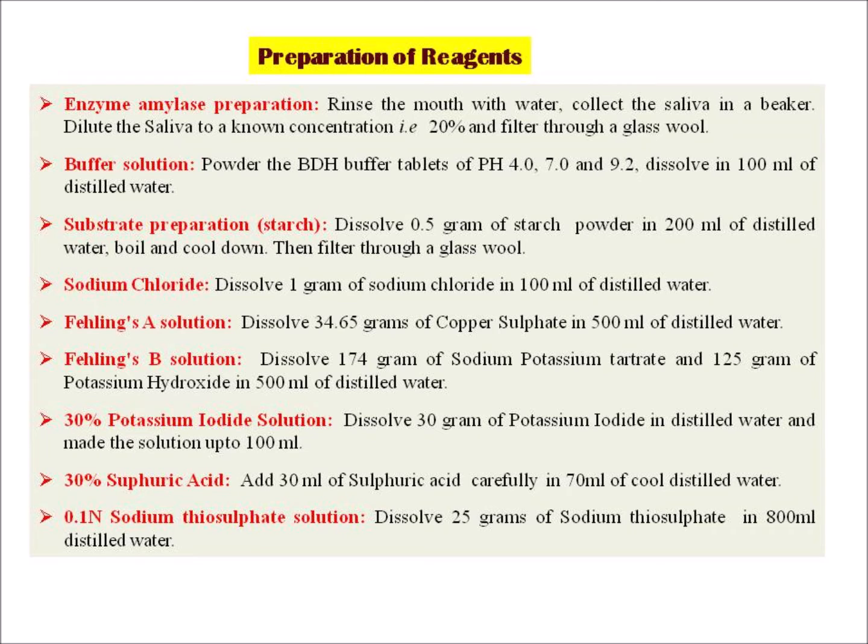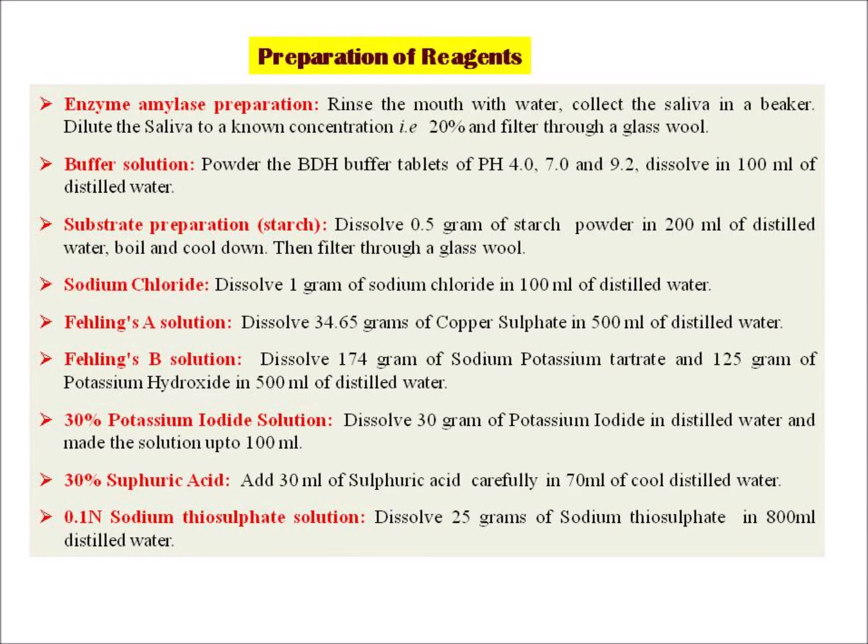Substrate preparation. Dissolve 0.5 gram of starch powder in 200 ml of distilled water. Boil and cool down. Then filter through glass wool. Sodium chloride solution. Dissolve 1 gram of sodium chloride in 100 ml of distilled water. Fehling's A solution. Dissolve 34.65 grams of copper sulfate in 500 ml of distilled water.